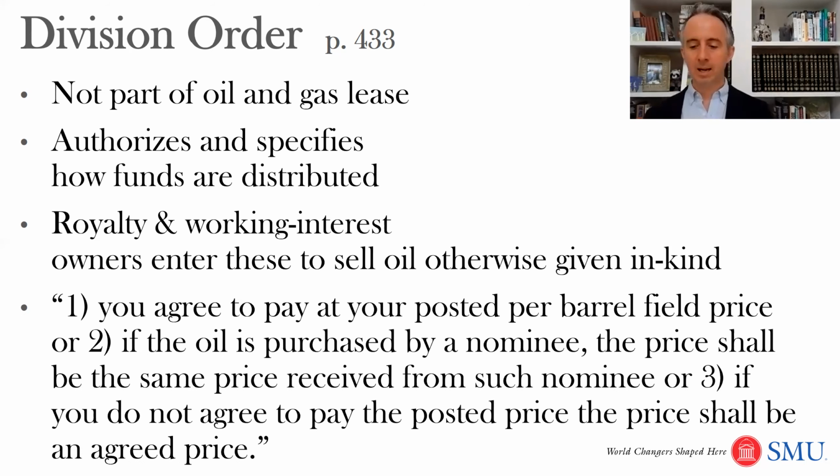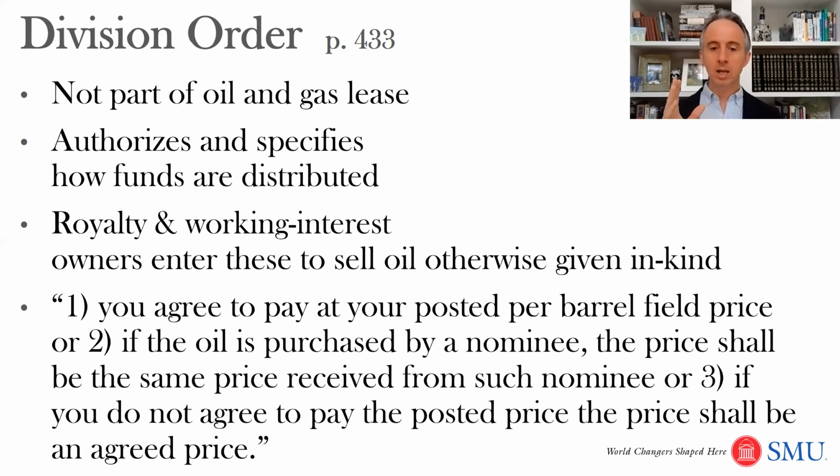So here's an example of what it could look like. You agree to pay at your posted per barrel field price. We'll talk more about that in a little bit, but the oil company will have a posted per barrel price, or if the oil is purchased by a nominee, the price shall be the same received from such nominee.